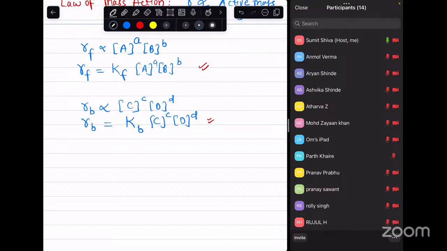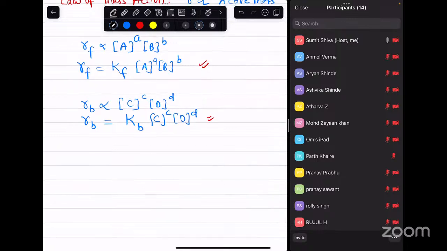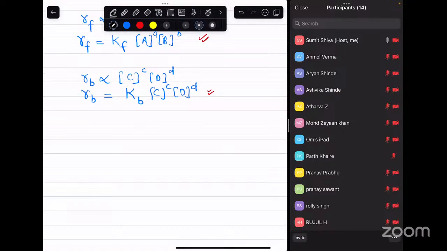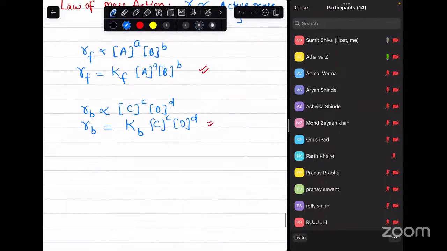Anyone? What do you think? Okay. When the concentration of products will be equal to the concentration of reactants.